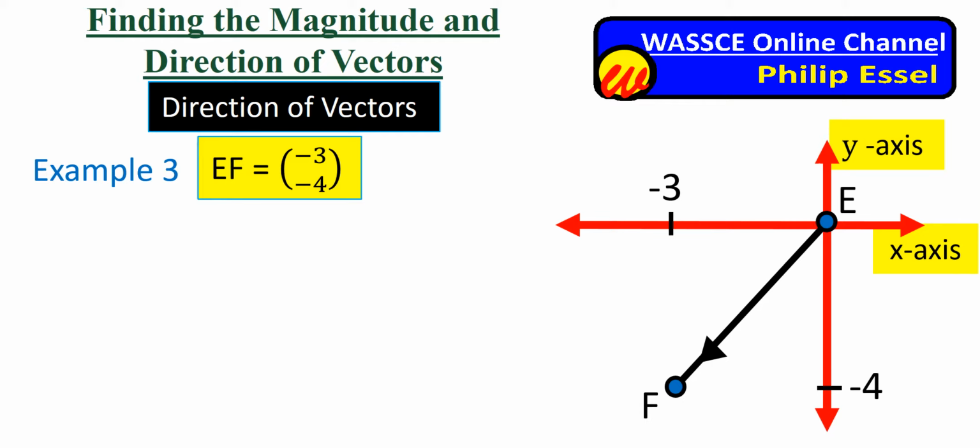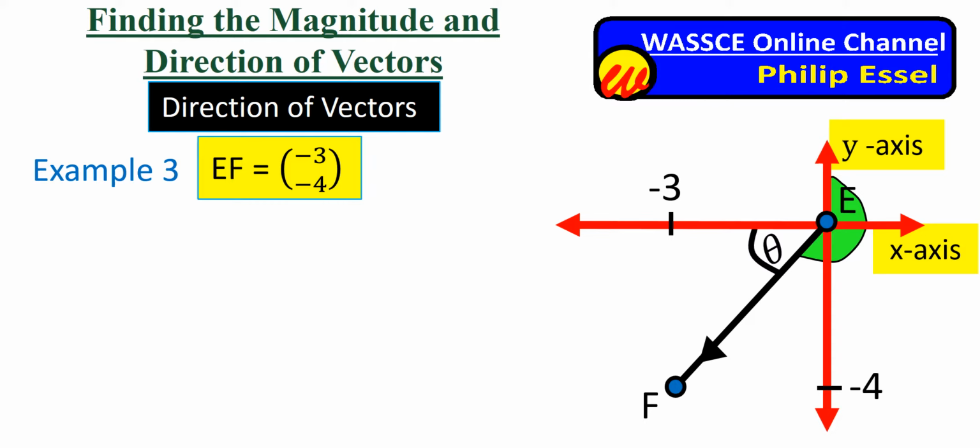The bearing of this vector is the angle between the north pole or the y-axis and the vector EF. So let's show it with this green region. Now let's show the angle between the x-axis and the vector EF.